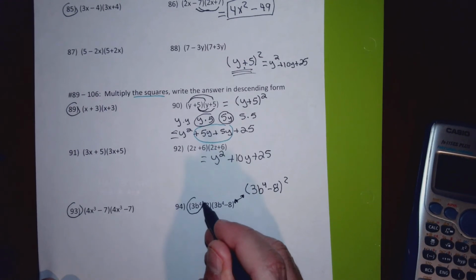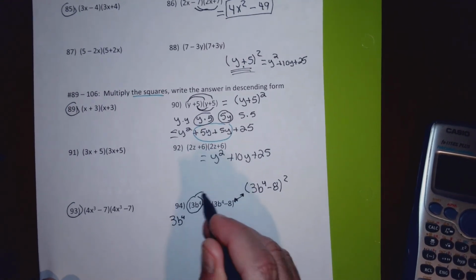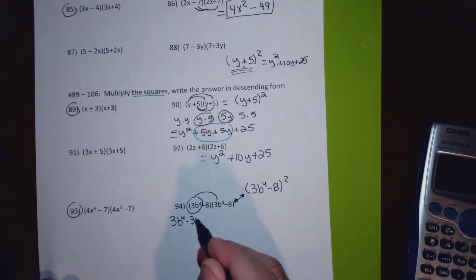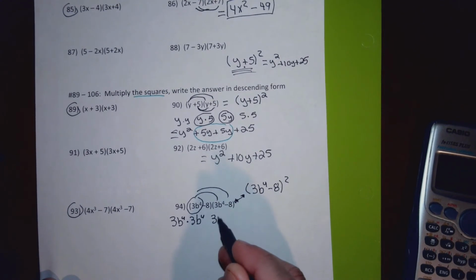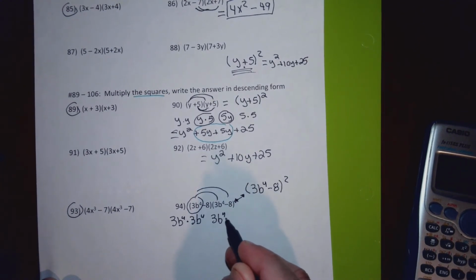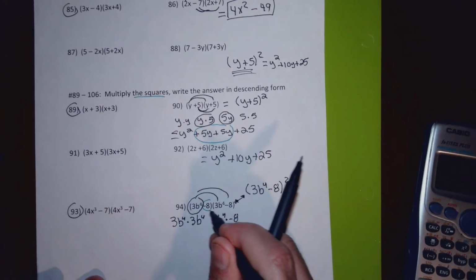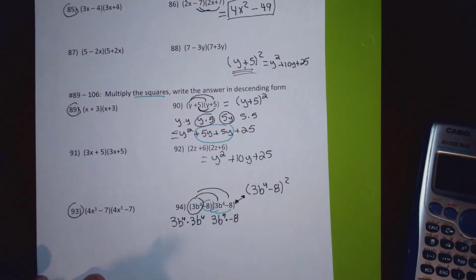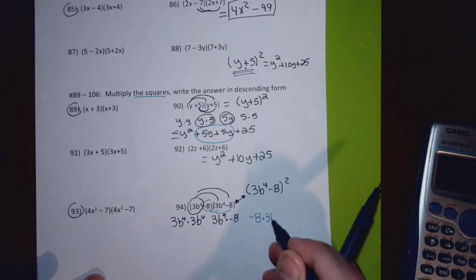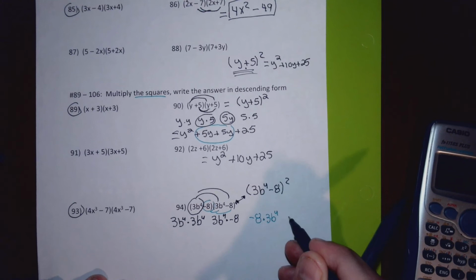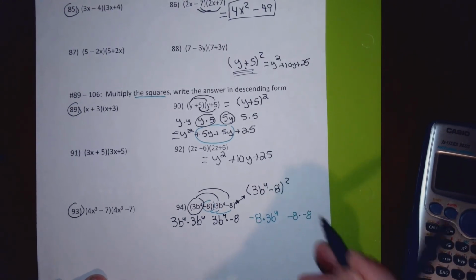I'm going to do the 3b to the fourth in the left parentheses by the 3b to the fourth in the right parentheses. And I'm going to multiply it by the negative 8 in the right parentheses as well. I'm going to take the negative 8 in the left parentheses and multiply it by the 3b to the fourth in the right parentheses, and the negative 8 in the left parentheses times the negative 8 in the right parentheses.